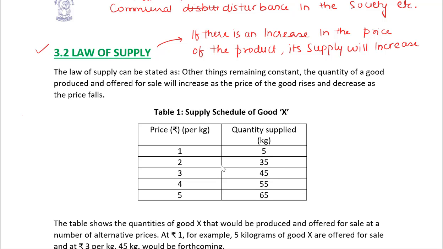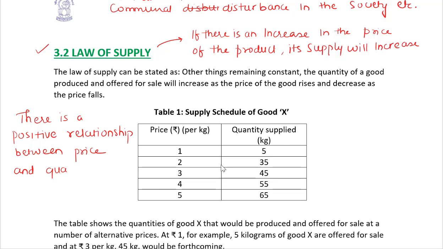That means there is a positive relationship between the price and the quantity supplied.